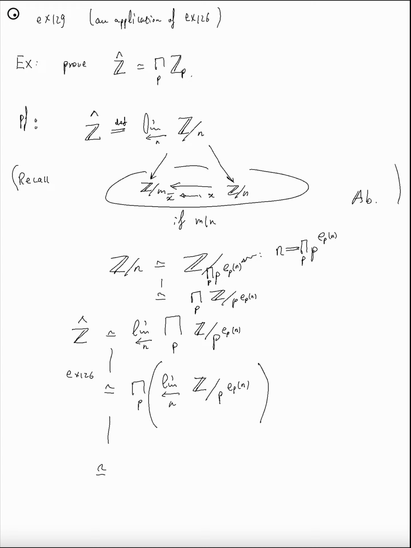Now let's focus on this. I'm claiming that this is just Z_p, and finish the proof of why. Taking the inverse limit over n, recall we're only looking at those transition morphisms with divisibility.